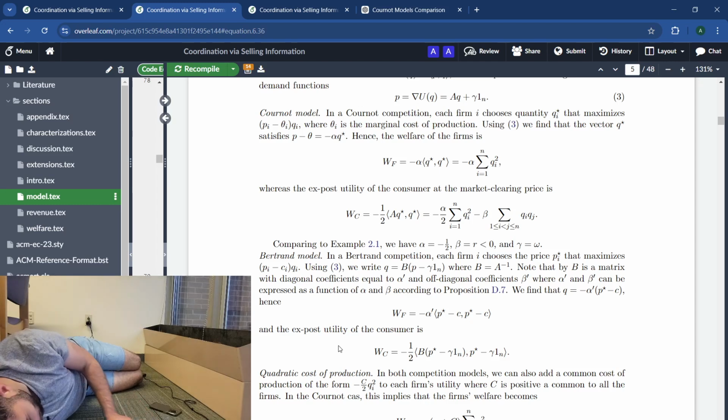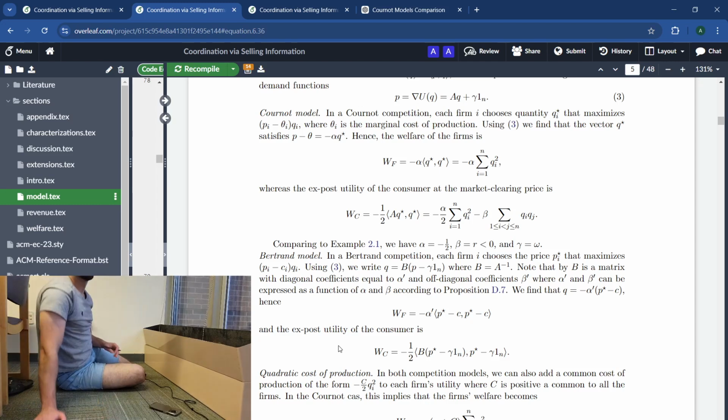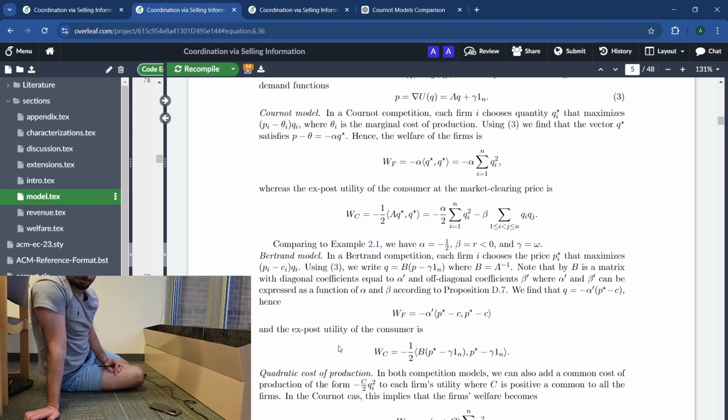Okay. Is that true? P is AQ plus gamma n. Is that true?